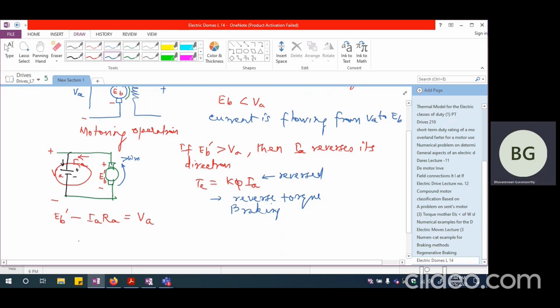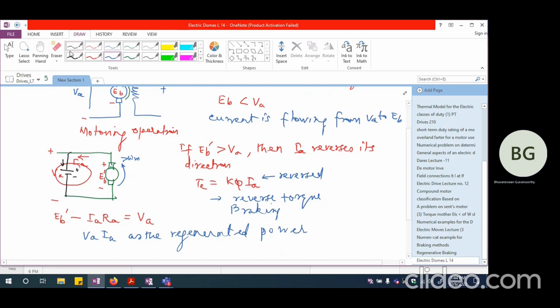So we are going to have VA multiplied by IA as the regenerated power, or the power that is being delivered to the battery. So VA times IA is the regenerated power. The loss that is taking place within the armature will still be IA square RA. This will be the loss within the armature.